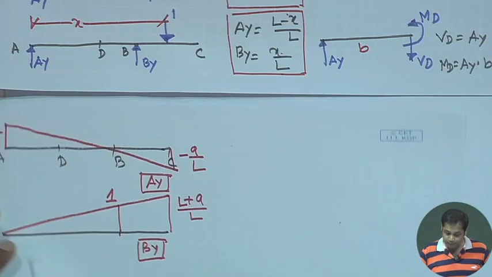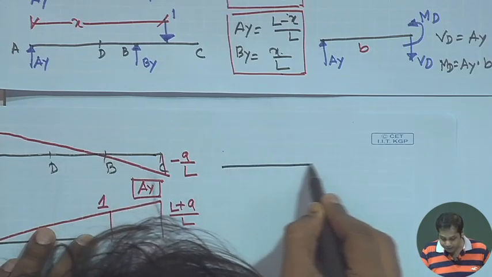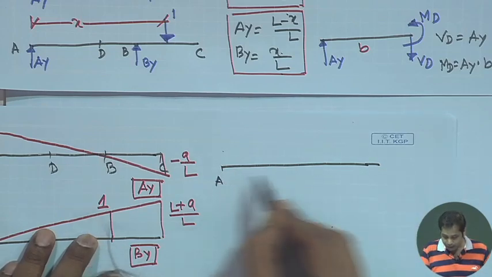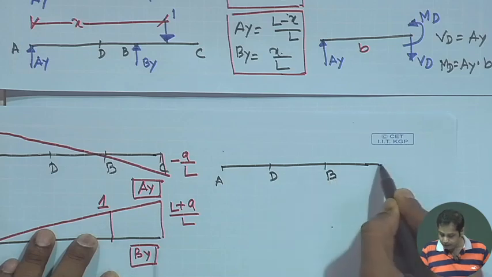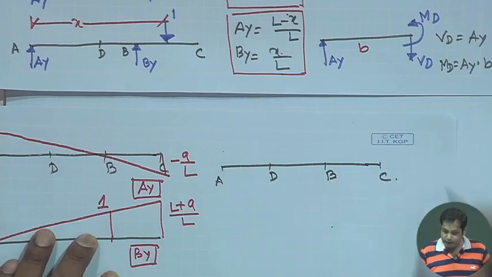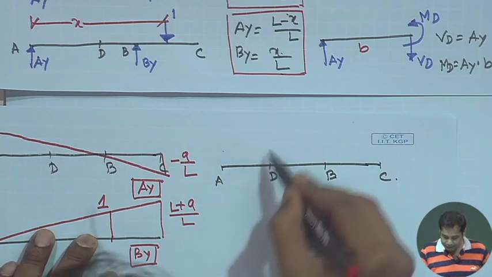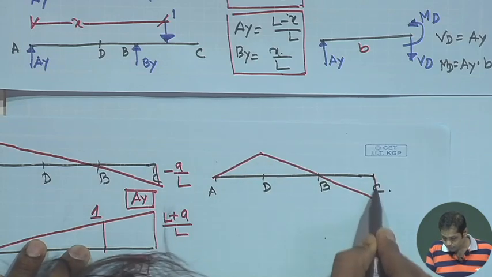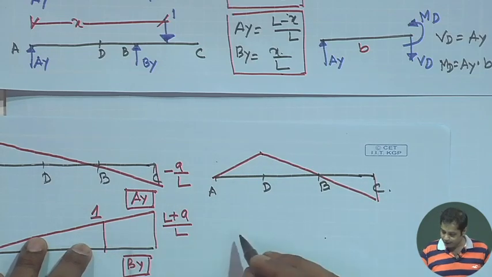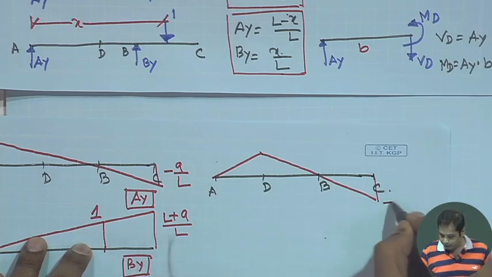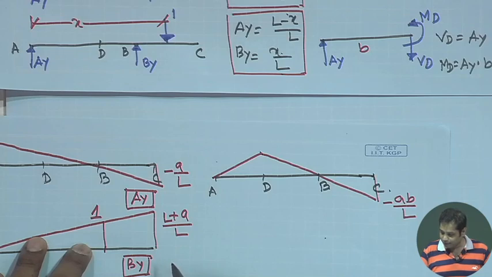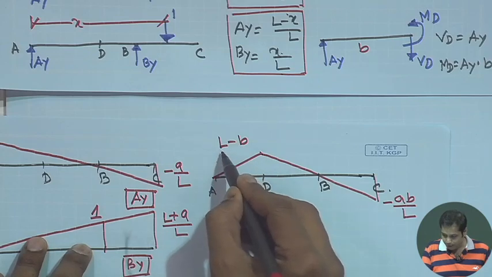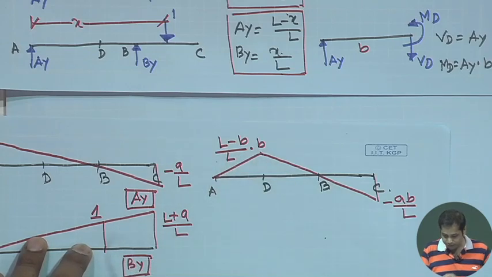Okay. Now, let us draw the influence line diagram for bending moment at D. We have the expression for bending moment at D. Now, this is A, D, B and C. Just plot those expressions that you have obtained, and what we will get is this for bending moment, and these values will be minus A B by L, and this will be L minus B by L into B. Okay.